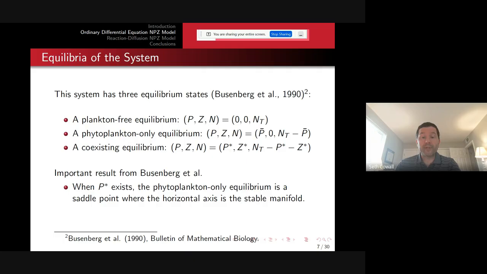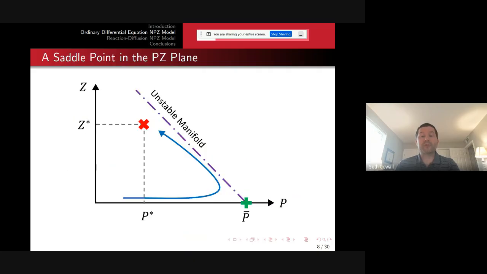And just to make sure we can visualize that in the phase plane, we have the vertical axis zooplankton, horizontal axis phytoplankton, and we're not going to bother with negative axes on either one, because this is ecology. We have our coexisting state in red here, where we have positive constants for both.